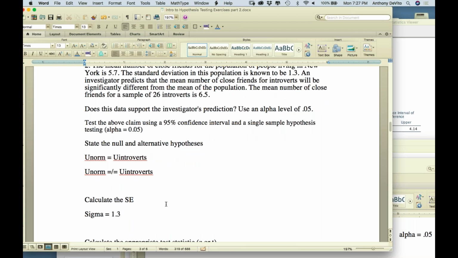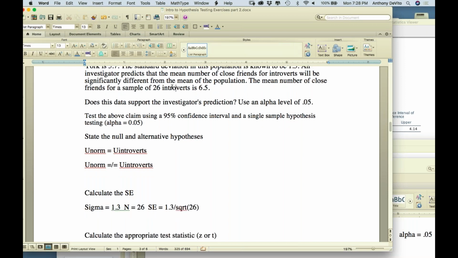And what's our sample size? Sample size is 26. So the standard error is going to be equal to 1.3 divided by the square root of 26.